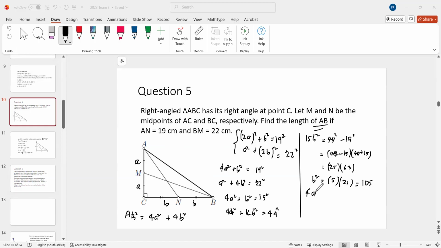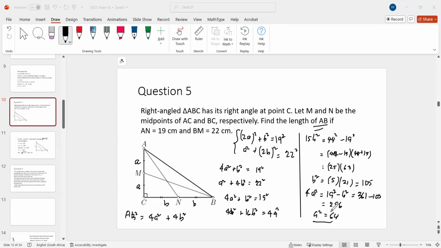Now I need to get a squared. I've got 4a squared is 19 squared minus b squared, from here. And now this time you really need to work out 19 squared. 361 minus 105, and that gives you 256, which is nice because then a squared is 64. All right, 361 minus 105 is easily seen to be 256. 4a squared is that, so a squared is 64.